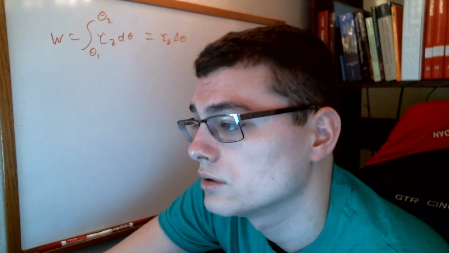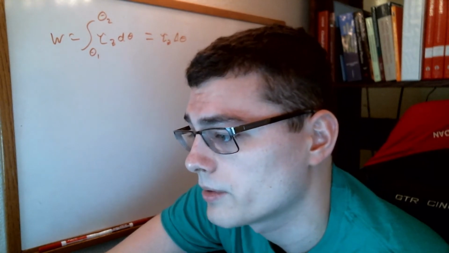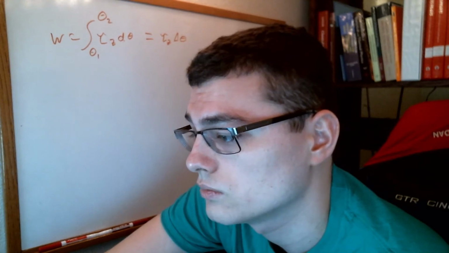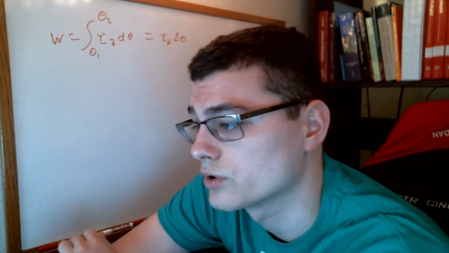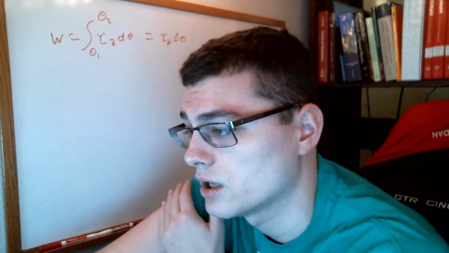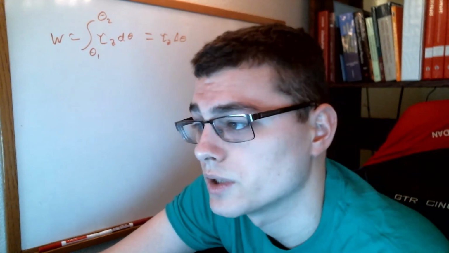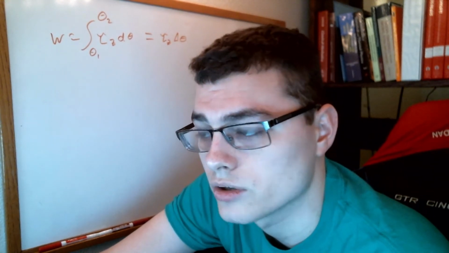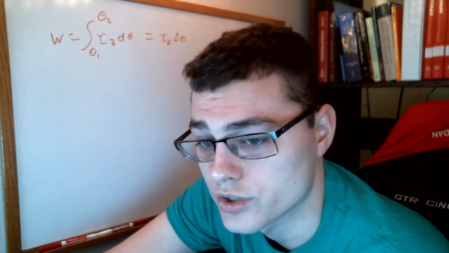And we can do this a little more in depth by looking at the total work and talking about how this work can just be the difference in rotational energy, and this will be kind of our rotational analog of the work energy theorem.